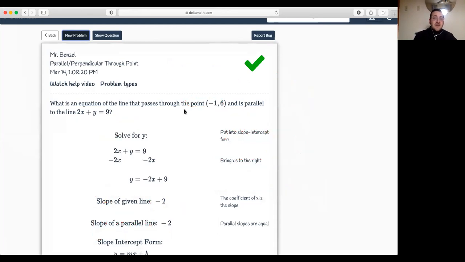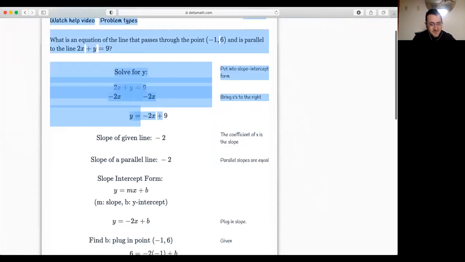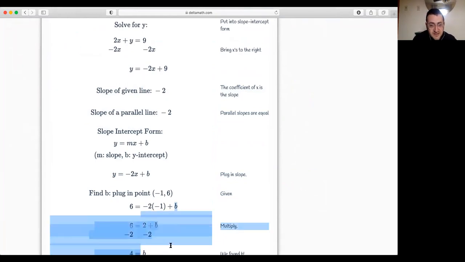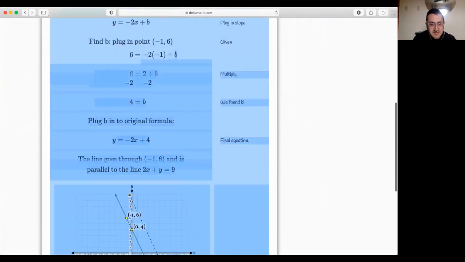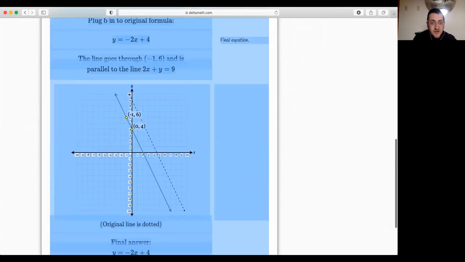Now, the way that Delta Math does it is a little different. They are still going to have you find y equals mx plus b. They're still going to have you think through the slopes. But then they're going to have you plug your x and y coordinate into y equals mx plus b, and you're going to have to solve for b. And it's a little bit less intuitive for some people.